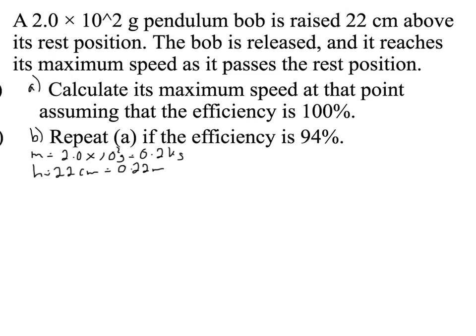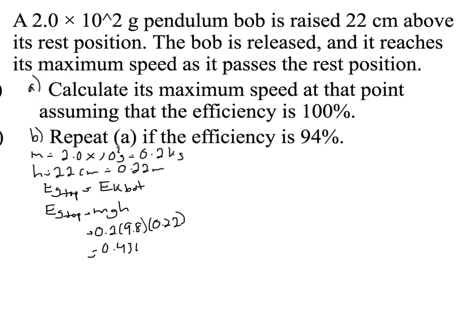So if a pendulum swings down, we can say that EG top is going to equal EK bottom. EG top is going to equal mgh, which is 0.2 times 9.8 times 0.22, which is equal to 0.4312 joules.